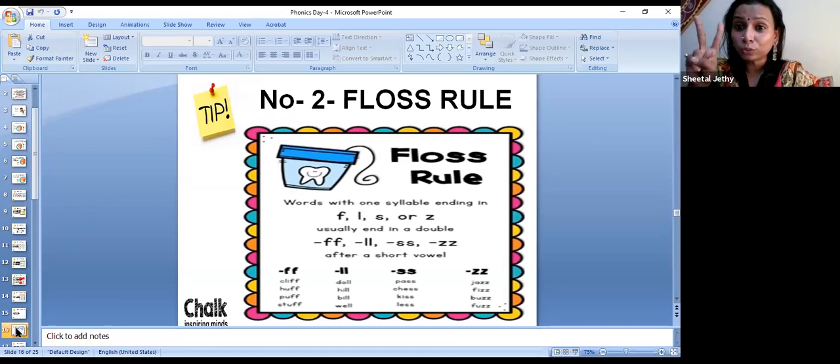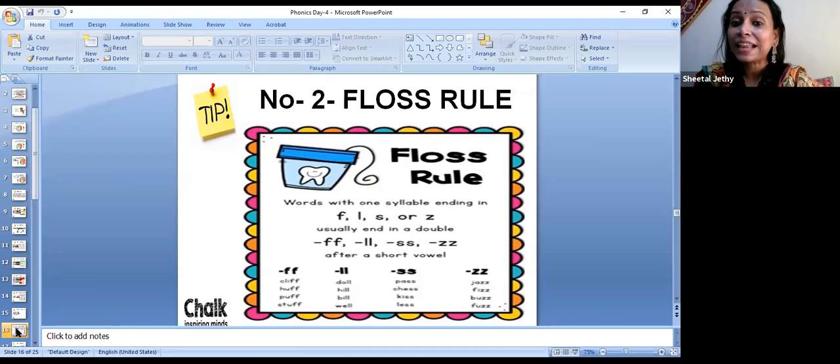Tip number 2, the floss rule. The floss rule says that words with one syllable ending with F, L, S or Z usually end with a double letter. Now you can see the examples. Cliff, huff, puff, stuff.